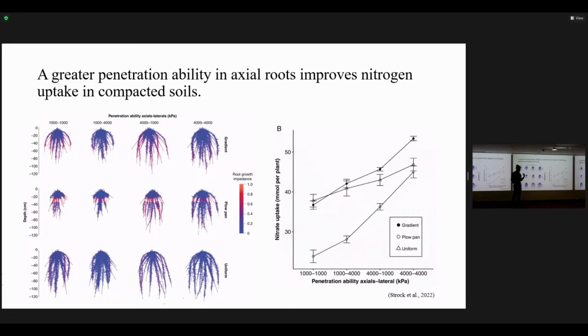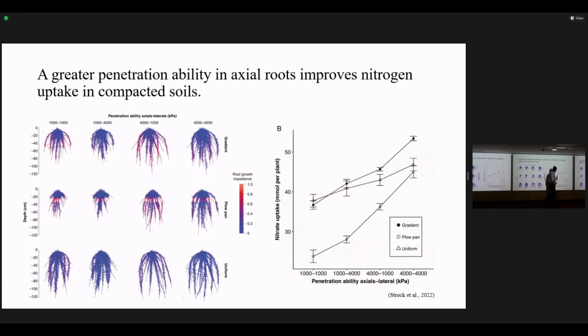We just showed evidence that the Tehuacan Valley had compacted soils, but also probably low nitrogen conditions. So root systems that had an increased penetration ability perform better under low nitrogen and compacted soil.